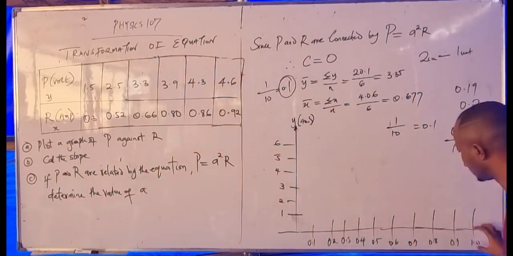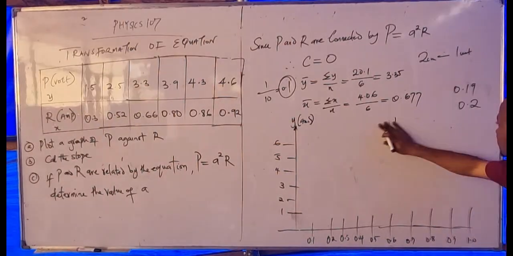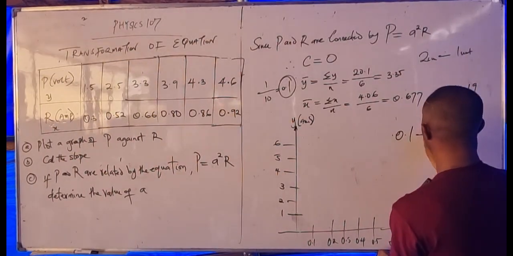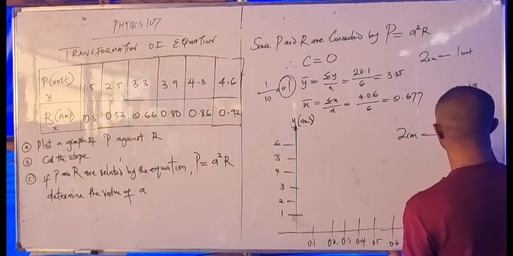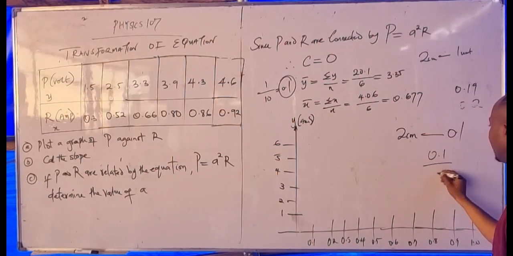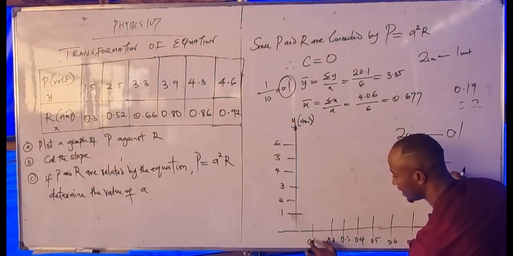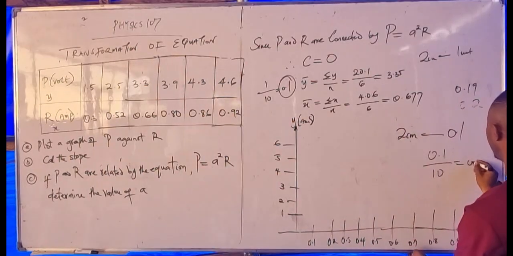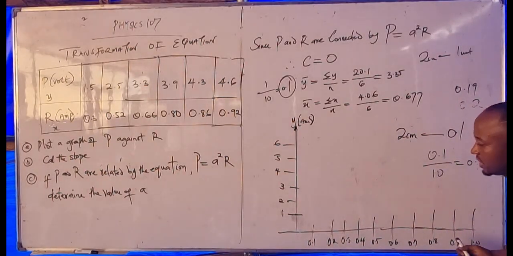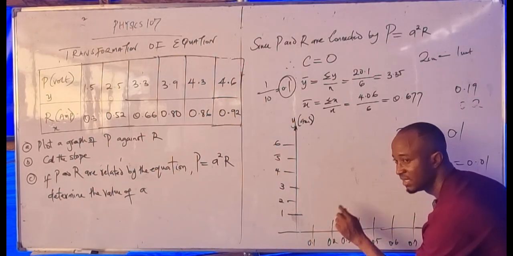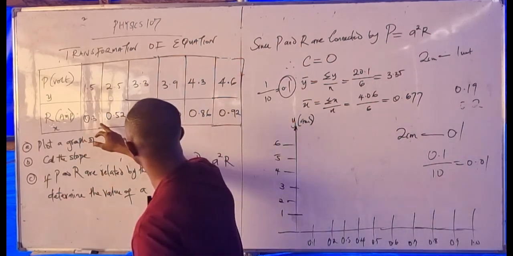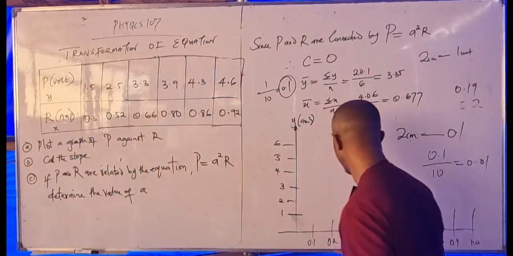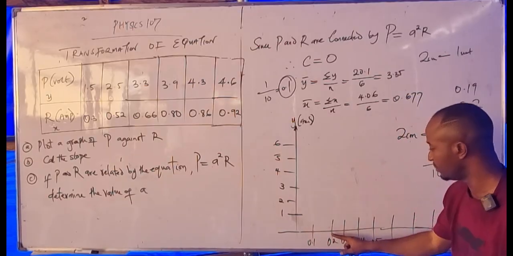Now for the S axis, we are using 2 centimeters to represent 0.1 units, meaning 0.1 divided by 10 holes. That will give us 0.01, so each of these small holes represents 0.01. So I can locate 0.3. Where is 0.3? Here, right? 0.1, 0.2, 0.3.